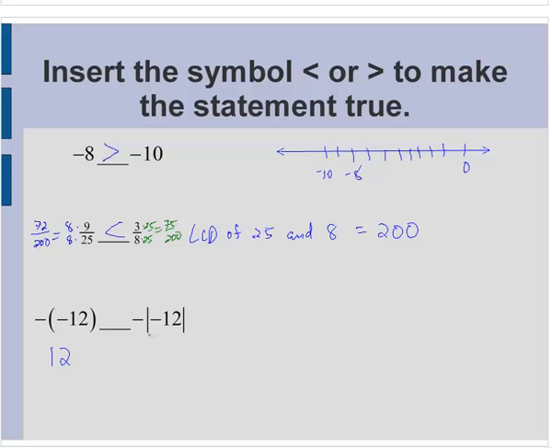These bars, remember, mean absolute value. So we have here the absolute value of negative 12 is 12. We want the opposite of 12, which would be negative 12. And 12 is greater than negative 12.